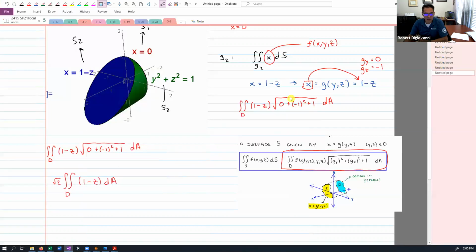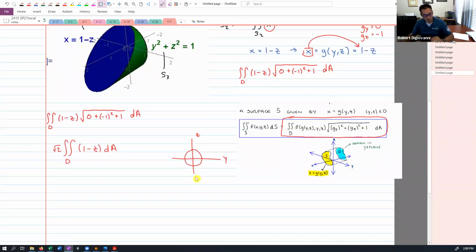So that means I'm going to need to go to polar, because my domain in the YZ plane looks like this. Watch how I do this. My y gets replaced with r cosine theta. My z gets replaced with r sine theta.